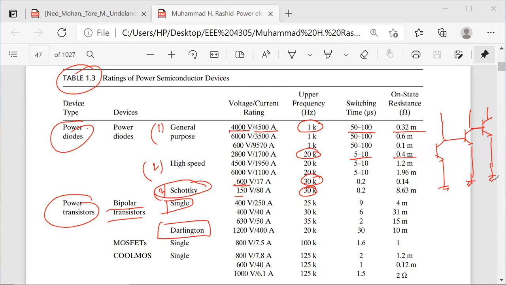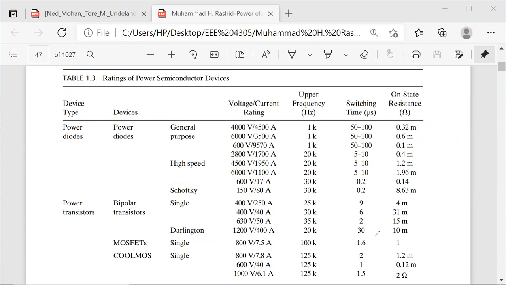These are known as Darlington pairs. In a device, a Darlington pair means several transistors are paired, and that is available in the market. The frequency of that one is say around 20K, and switch time is 30 microseconds. I am giving all these things not to memorize, just to have some idea.